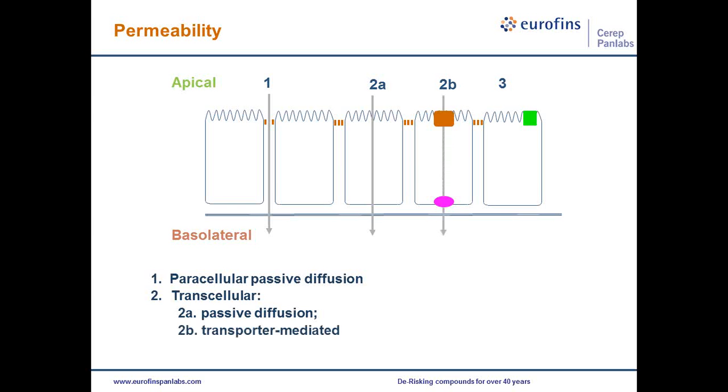Sometimes, if a drug is a substrate of an efflux transporter, it may have difficulty passing through the membrane from one side to the other, depending on the location of the efflux transporter. So permeability may affect all steps of ADME, especially for those drugs that use transporters as the main mechanism of passing through the membrane. Permeability could be a rate-limiting factor of ADME.